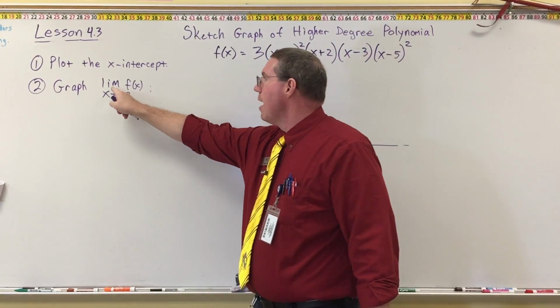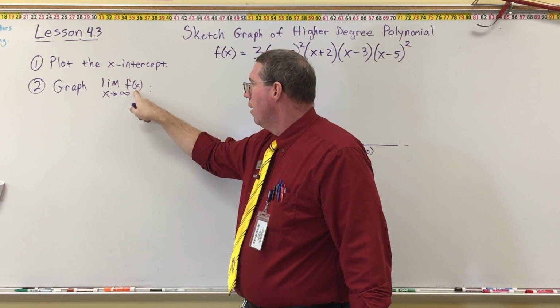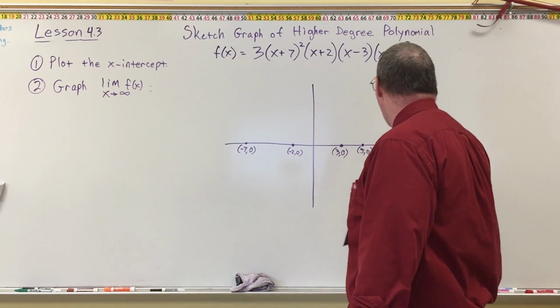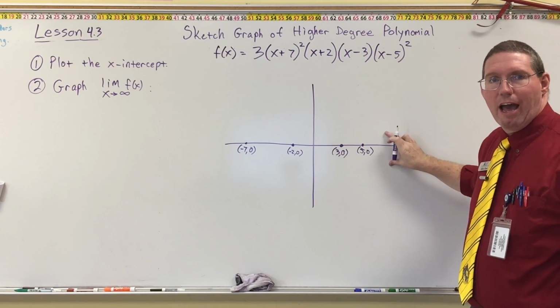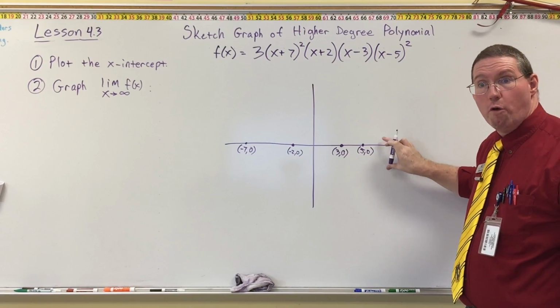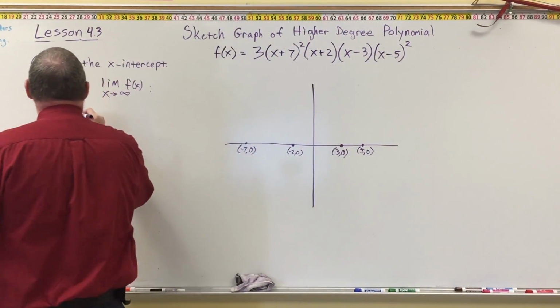So when I say graph the part of the function where the limit of the function approaches infinity, I'm saying I want you to go over to the right side of the graph and draw something. And here's what it's going to look like. It's going to look like one of two things.